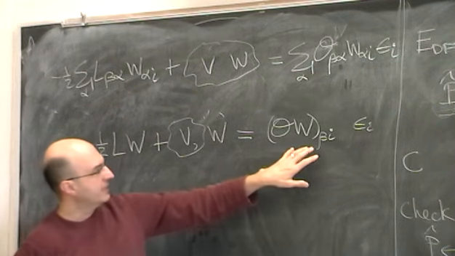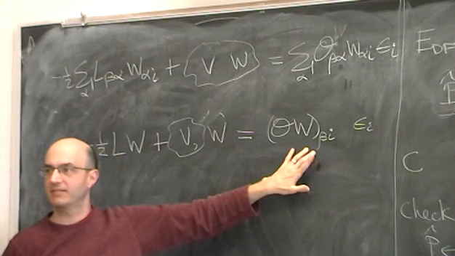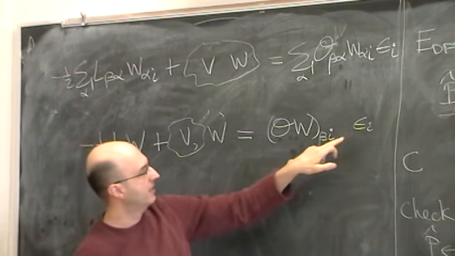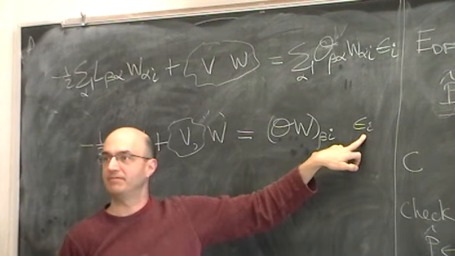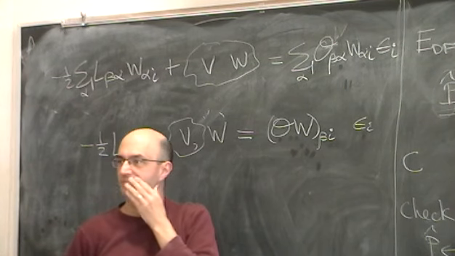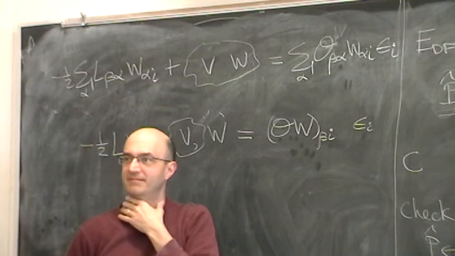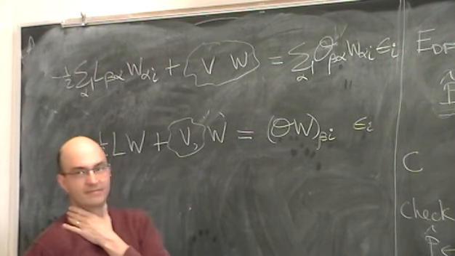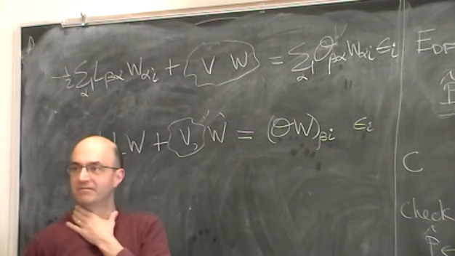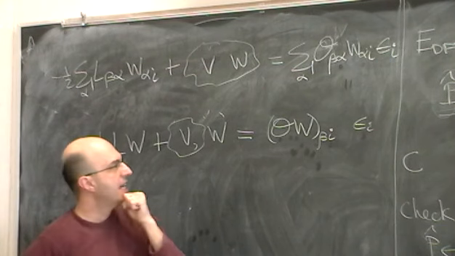And how would I put this into matrix language? What is this in matrix language? I have this matrix, beta i, post-multiplied by the scalar epsilon. Thoughts? Yes? It's a matrix vector product?